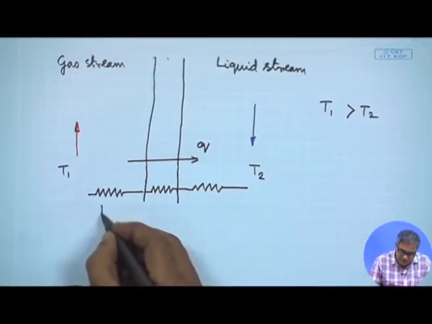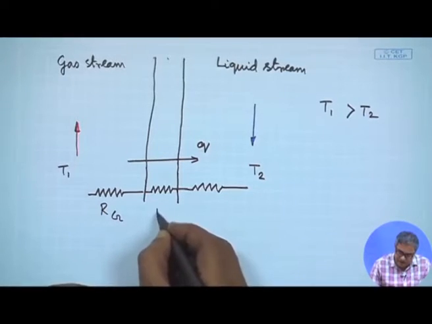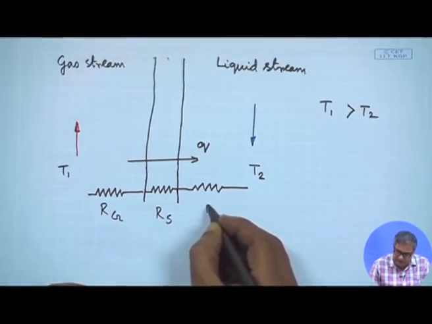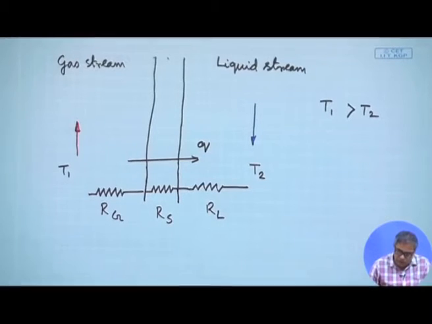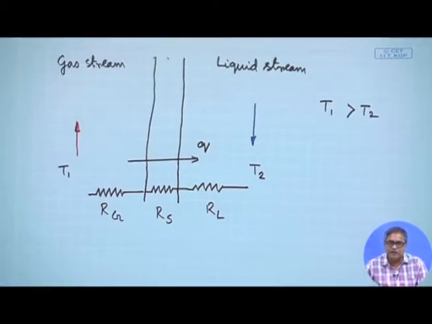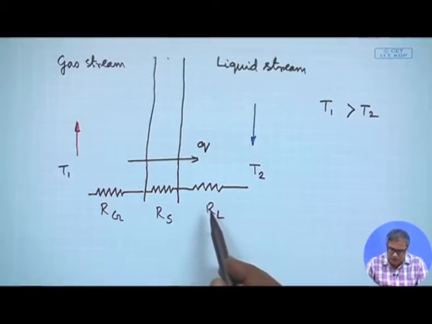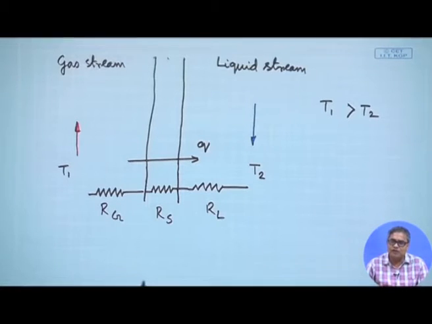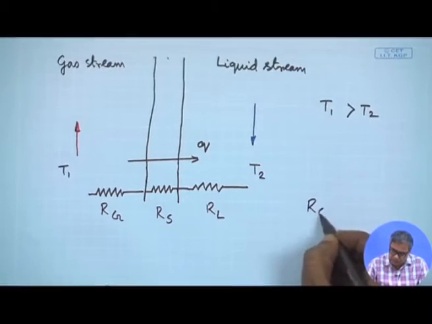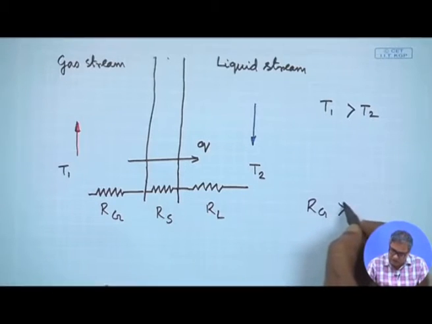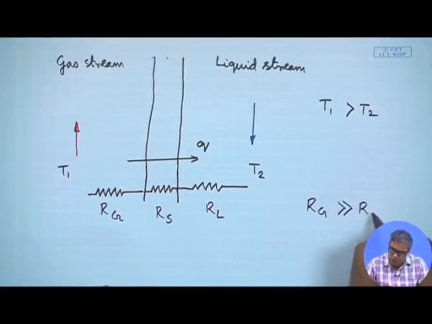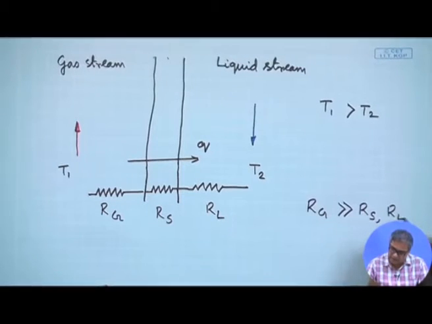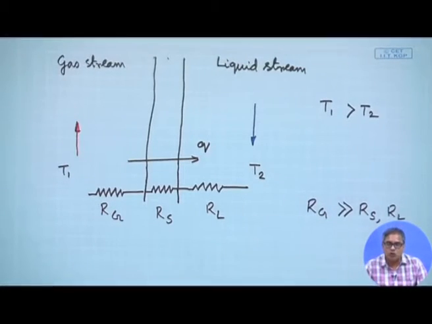So, let us say this is R g, this is R solid and this is R L. What we will find is that the solid conductivity is very high, so solid side resistance is low. Heat transfer coefficient on the liquid side is also very high, so resistance is low on the liquid side, but R g is very large compared to both R s and R l. So, that is a common scenario.